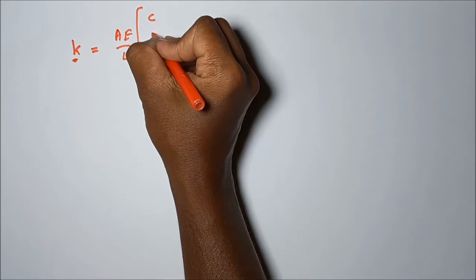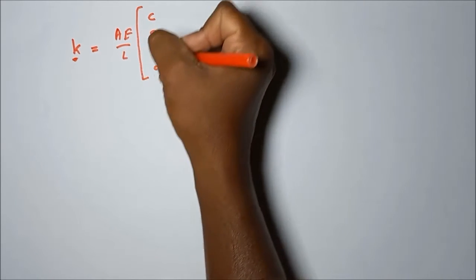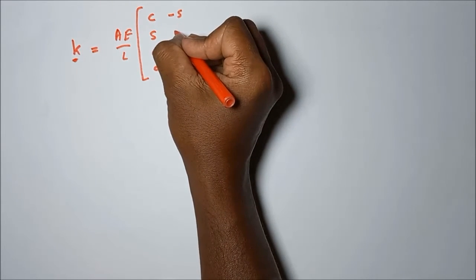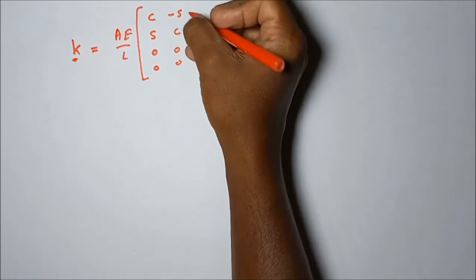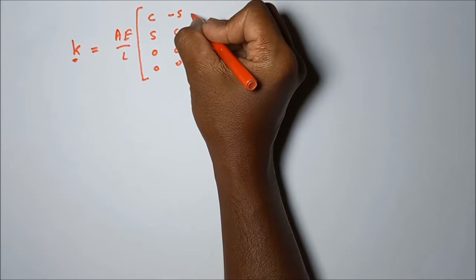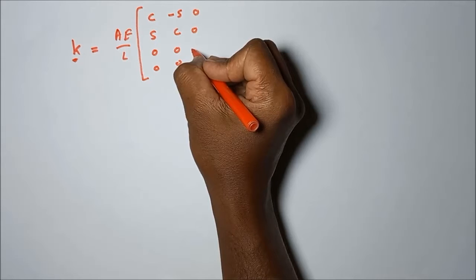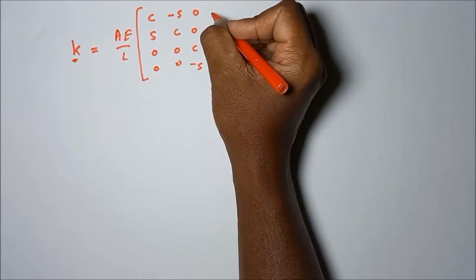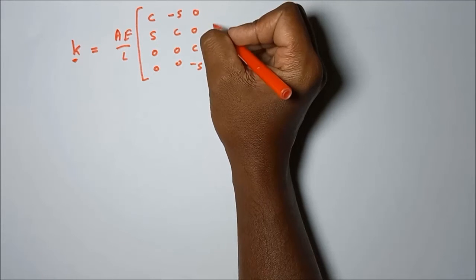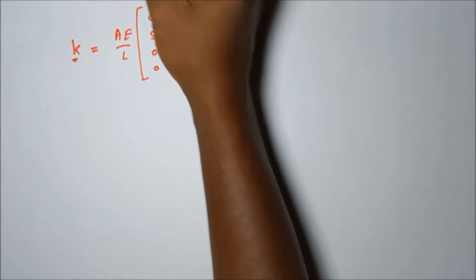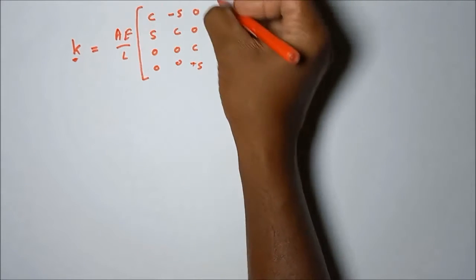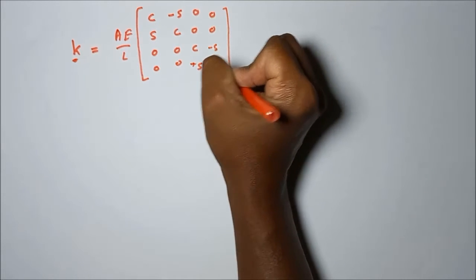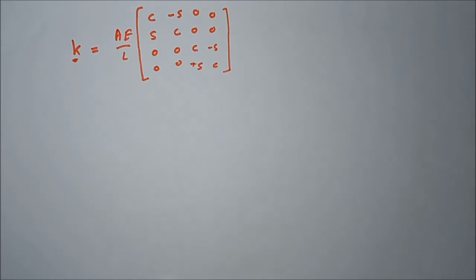C S 0 0, minus S C 0 0, then 0 0 C S, 0 0 minus S C, which is the transpose of that matrix.